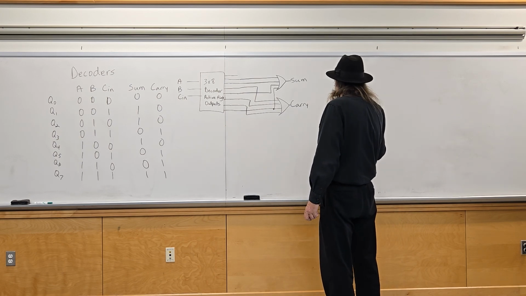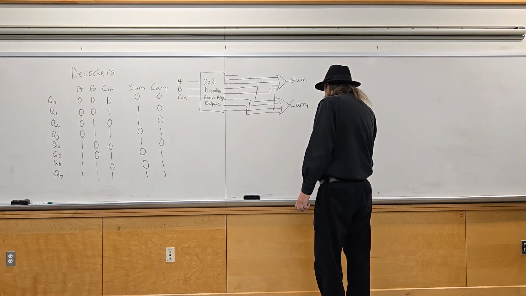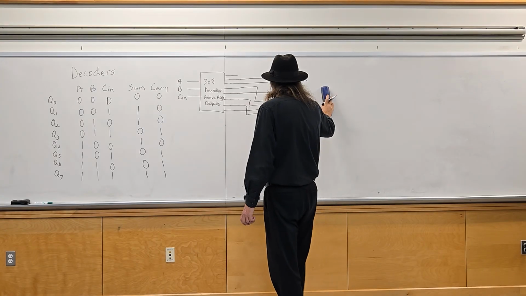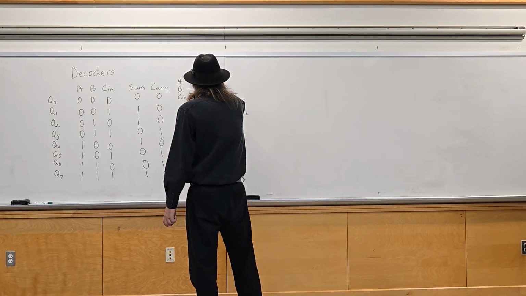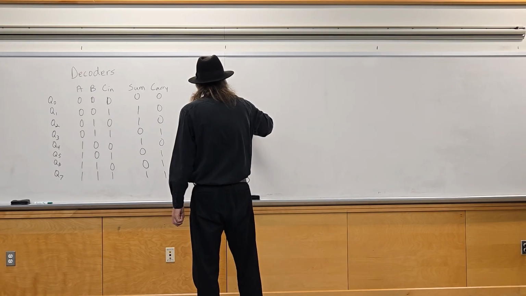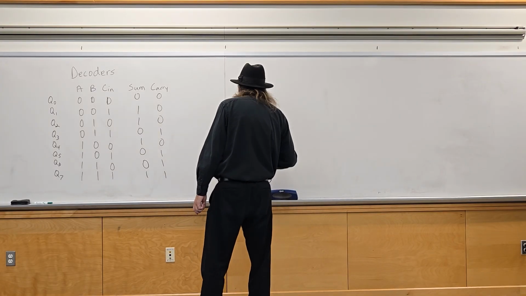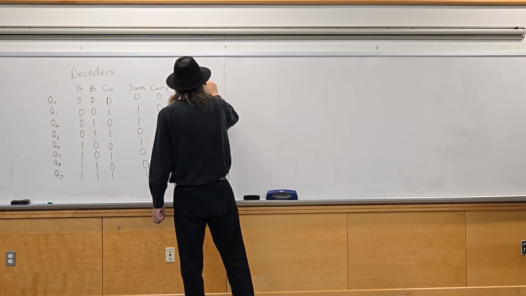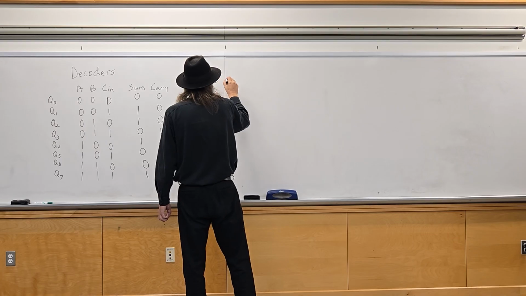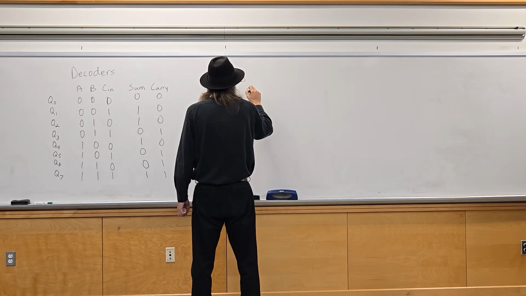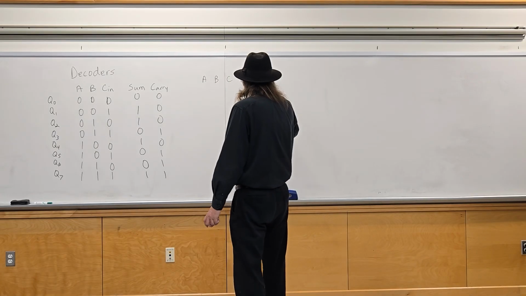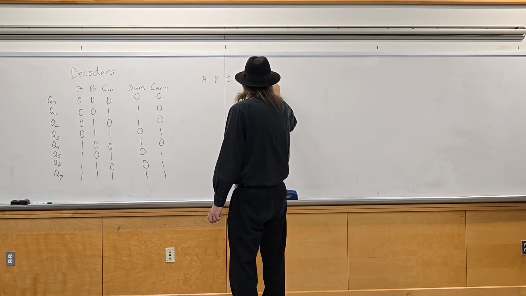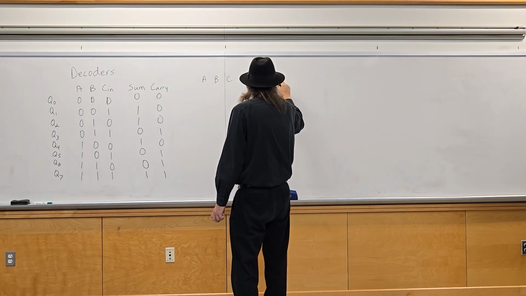Say you have 4 inputs, A, B, C, D, and 2 outputs, Q0 and Q1.